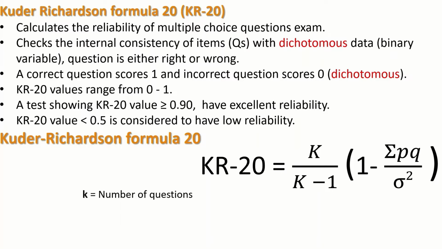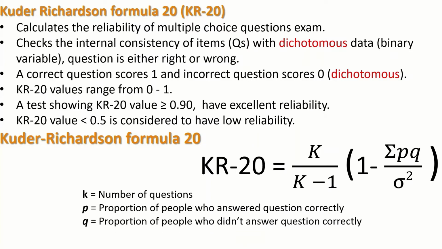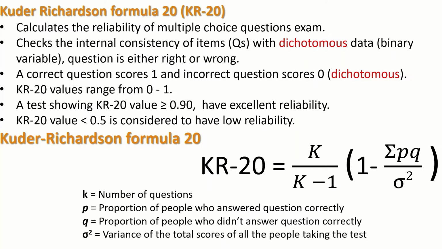K stands for the total number of questions. P stands for the proportion of people who answered the question correctly. Q is the proportion of people who did not answer the question correctly, and the variance is that of the total score for all people or students participating in the test.